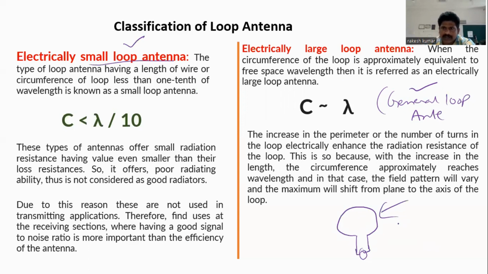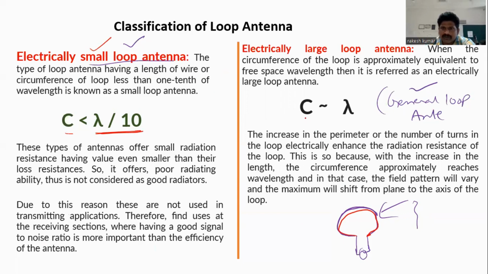When do you say this antenna is a small loop antenna, and when a general loop antenna? This is the circumference of the loop antenna. If the circumference of the loop antenna is less than lambda by 10, then we generally call it a small loop antenna.